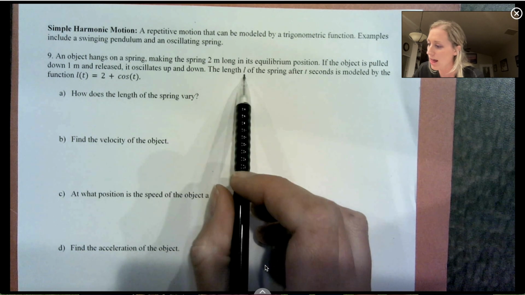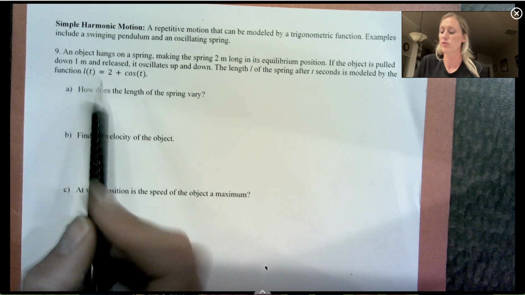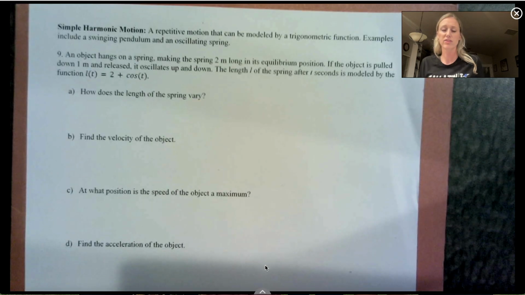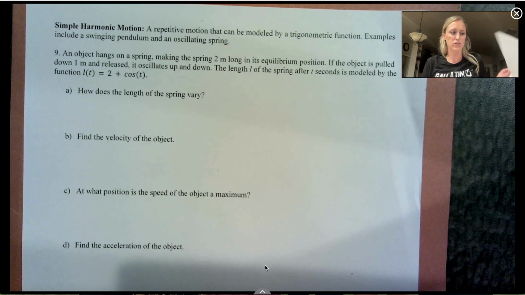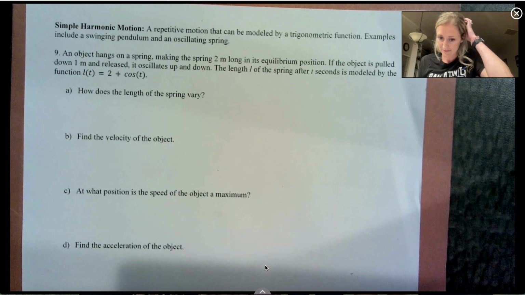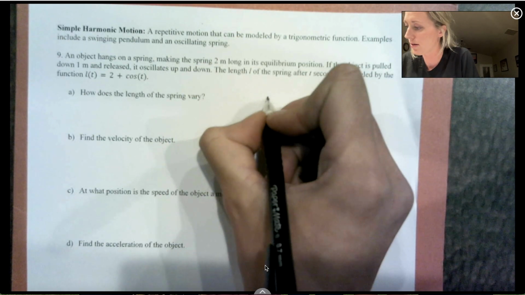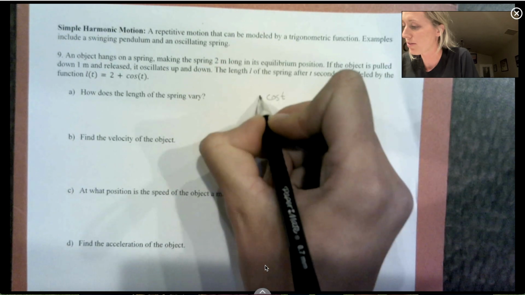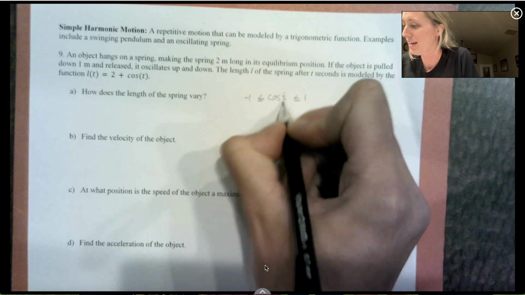The length L of the spring after t seconds is modeled by this function. So this is kind of my position function, the length. How does the length vary? I'm just going to look at this cosine of t. So we know cosine of t lives between negative 1 and 1, but that's not my function.